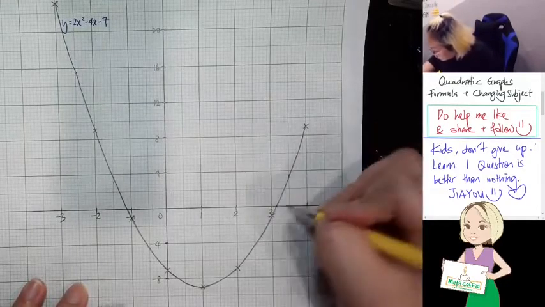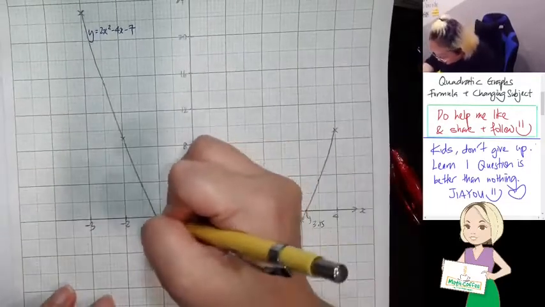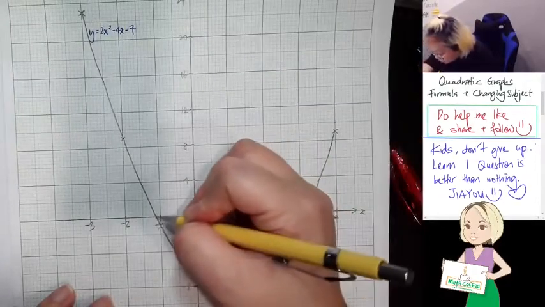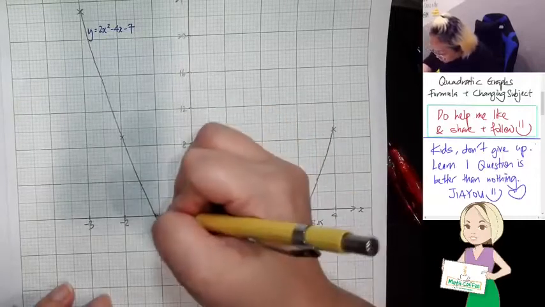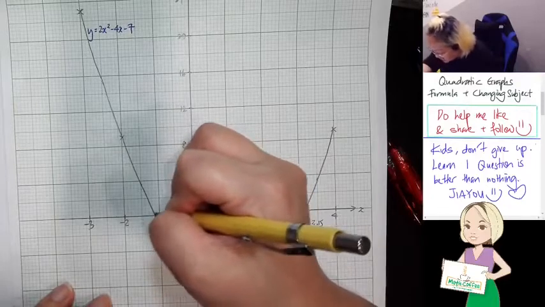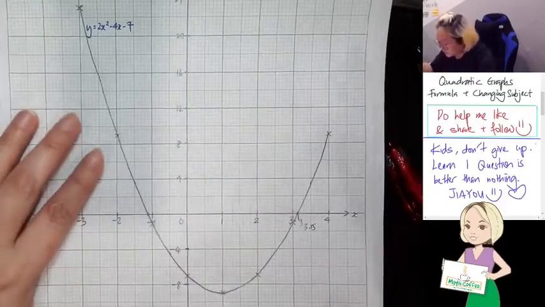Okay, so it will be 3.15. This will be minus 1.1. Okay, so you see, minus 1.1, but it's not minus 1.15. It's a bit lesser. But I can tell you to play a little bit of cheat.